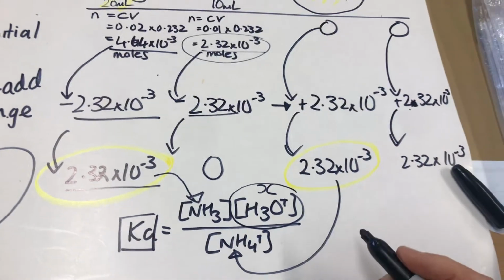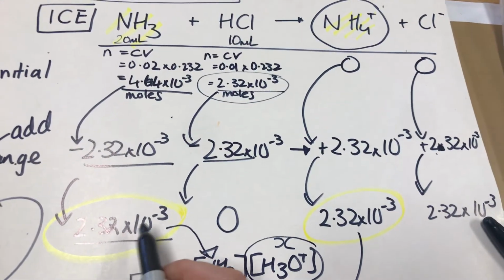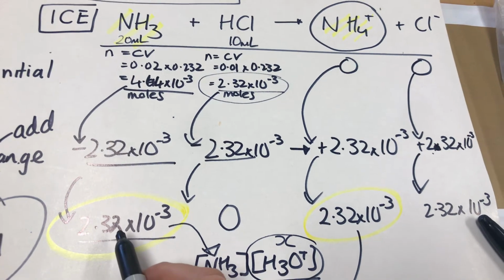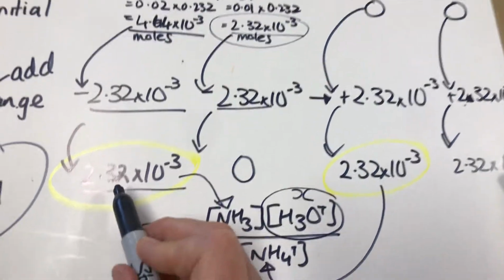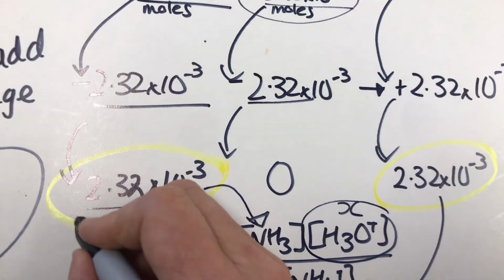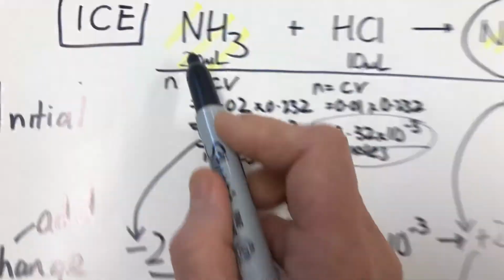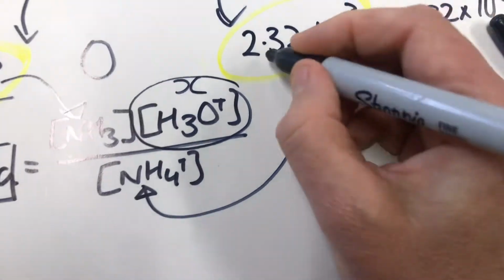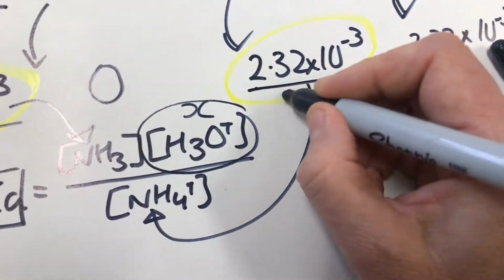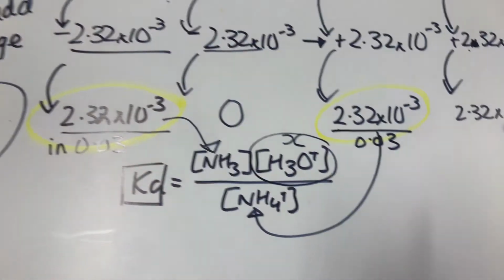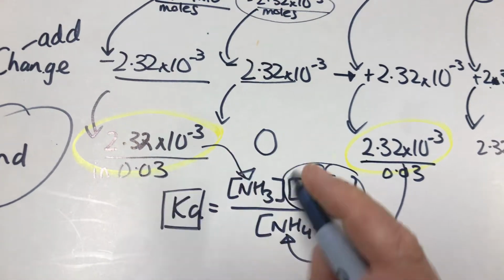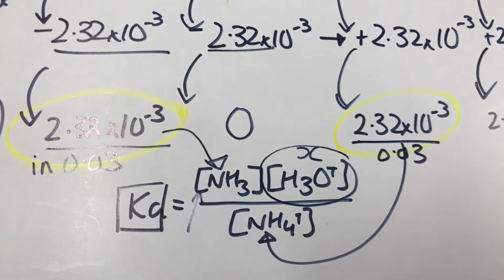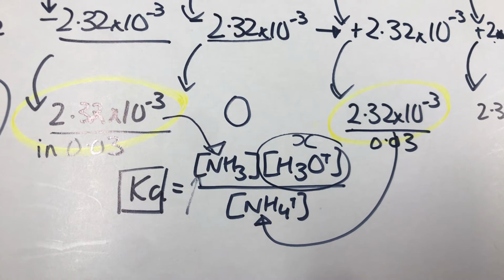Now, some of you may have noticed that this is actually a moles, and what I really want is a concentration. But both of these are in 30 mils, 20 plus 10. So I could divide them both by 0.03, right? And then I could put that number in, and that would be my concentration, of course, which is my square brackets.